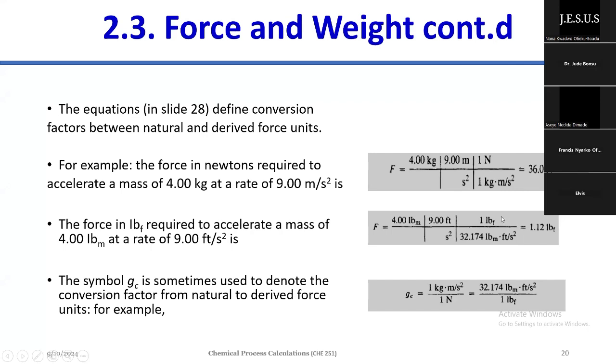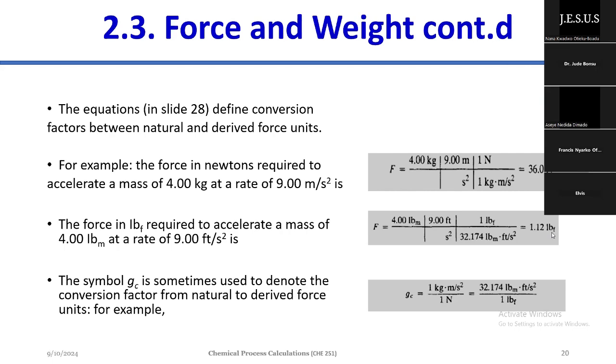So we have second squared here, which can eliminate this second squared. And then the pound mass here will also divide this pound mass. And then the feet here will also divide this feet. So you are left with 36 pound force divided by 32.174. And that will give us 1.12 pound force.